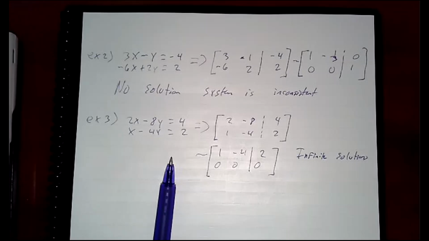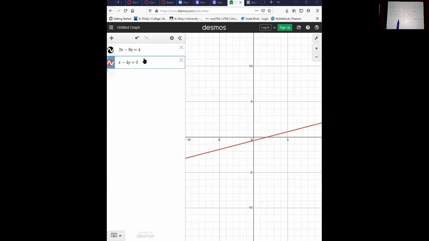Let me share that. I forgot to hit share. You see this black line and red line are on top of each other. So yeah, there's an infinite number of points here. So there's an infinite number of solutions.